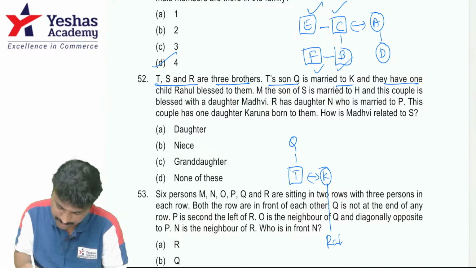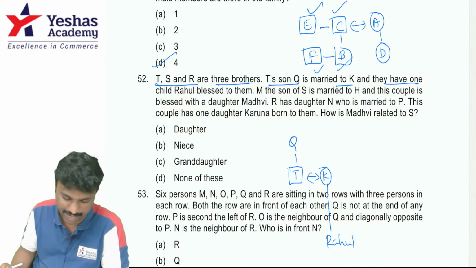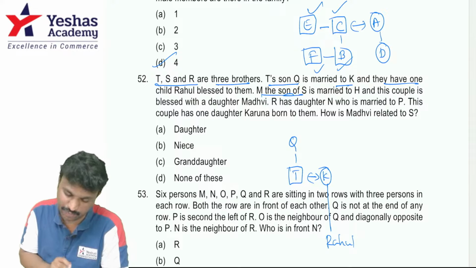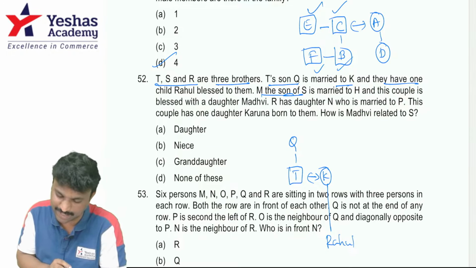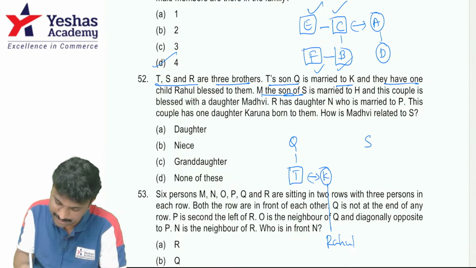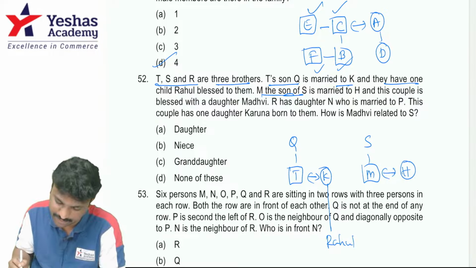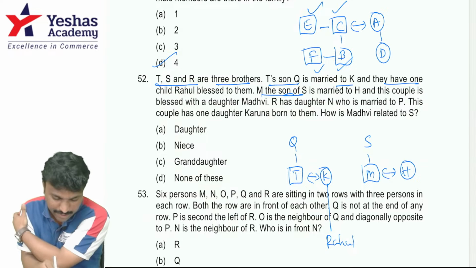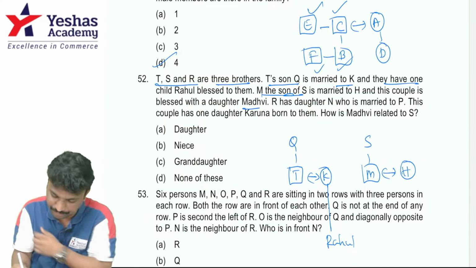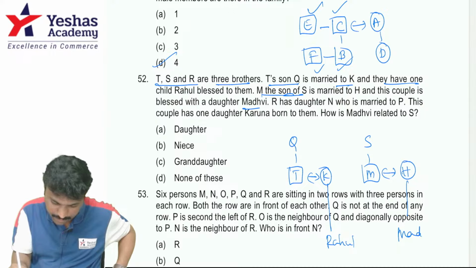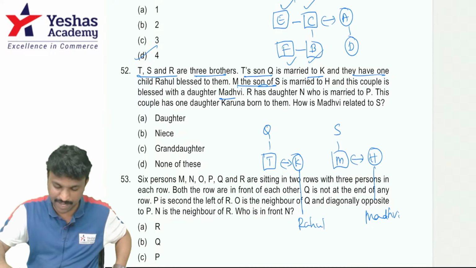So Rahul is a child of T and K. M is the son of S and is married to H. Yes, son is M, married to H. And they have a child. Who is that? Madhvi. So Madhvi is child of M and H.